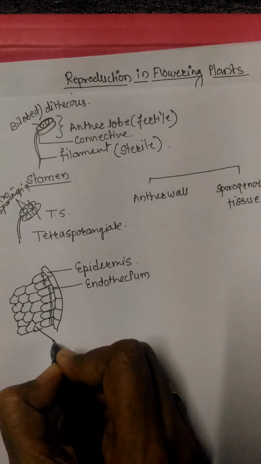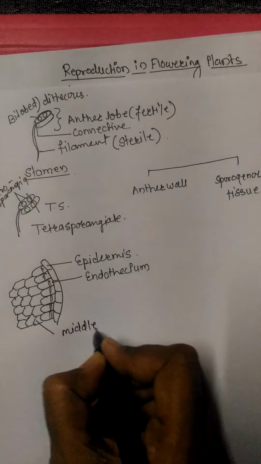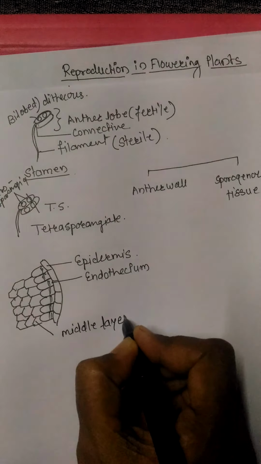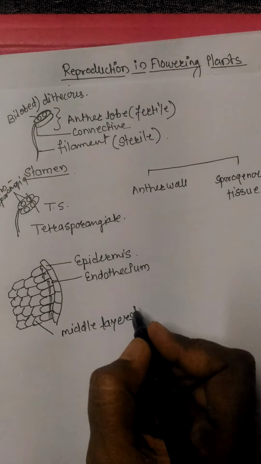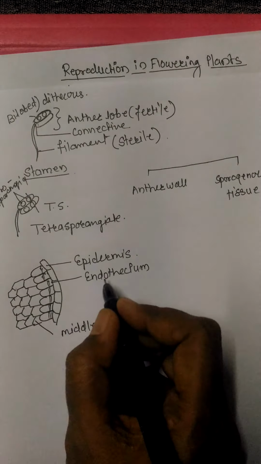These are temporary layers and get degenerate due to hygroscopic nature of endothecium layer.